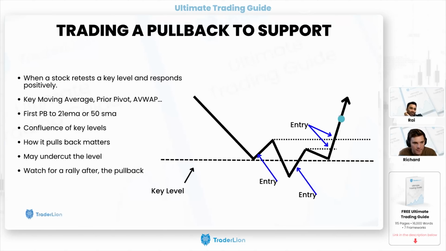So, Ry, anything to add on this? Because I think this is a really important slide for people to focus on. Yeah, in terms of examples of this, the first pullback to 21 and 50 is what I like a lot, because those seem to be levels that are respected.